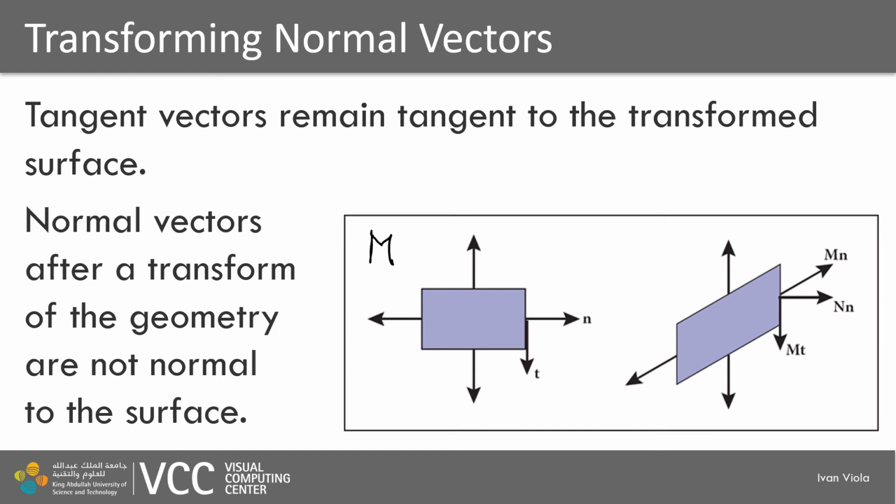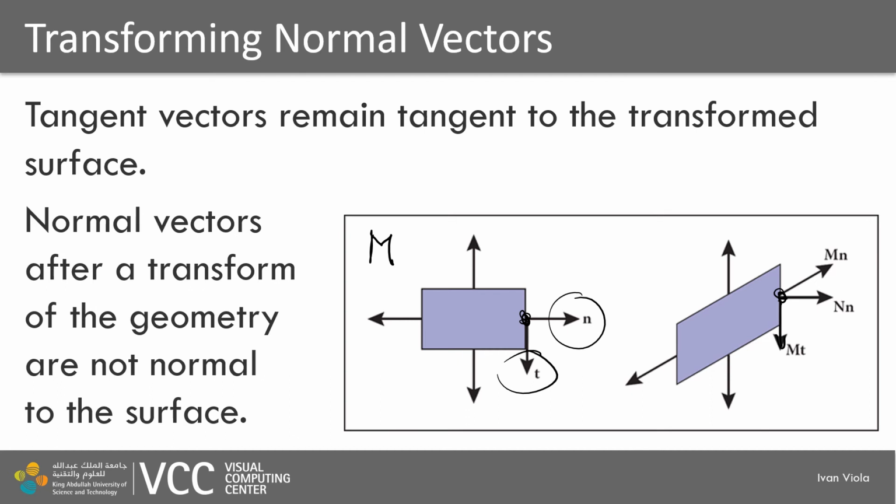And we can see that in the case of shear, this is what will happen to our vector n. This is our normal vector at this position, and this is the tangent vector at this position. After applying the shear transformation, the tangent vector remains tangent to the edge, while the normal vector is no longer perpendicular to the edge.